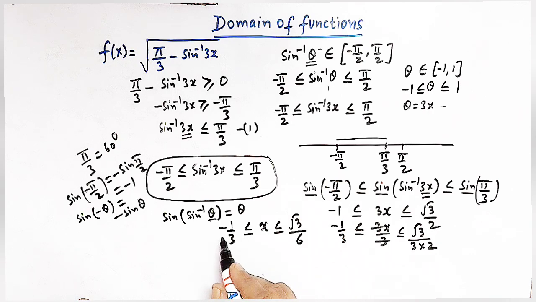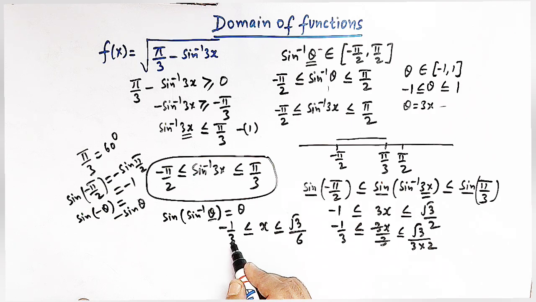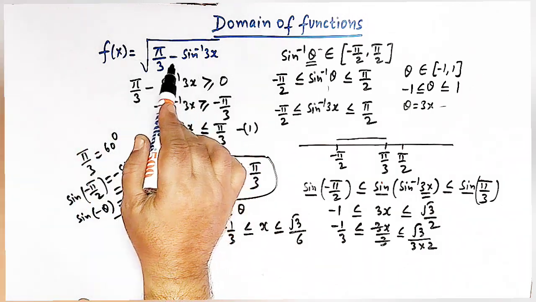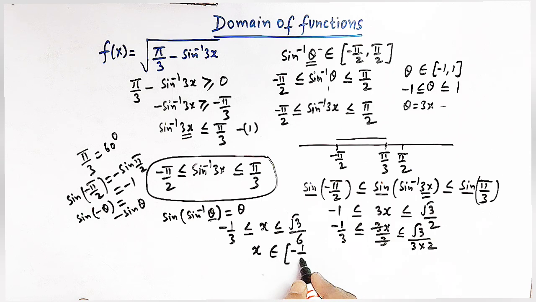So x lies between minus 1 over 3 and root 3 over 6, including both these extreme points, right? So the domain of this function is given by x belonging to the interval minus 1 over 3 to root 3 over 6.